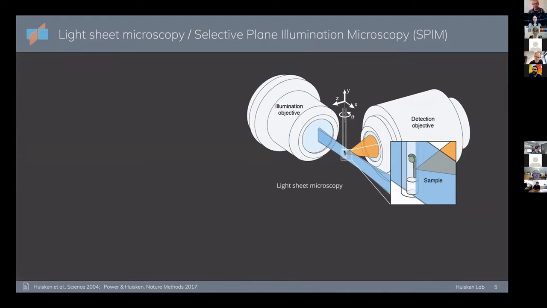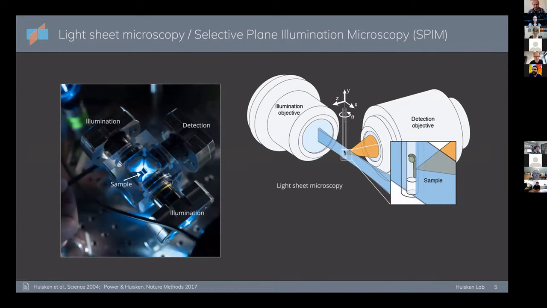By moving the specimen through the light sheet, you can collect three-dimensional data, and on top of that, you can even rotate the specimen in some setups, which allows you to cover more areas of the specimen and do what we call multi-view fusion to do more complete imaging.